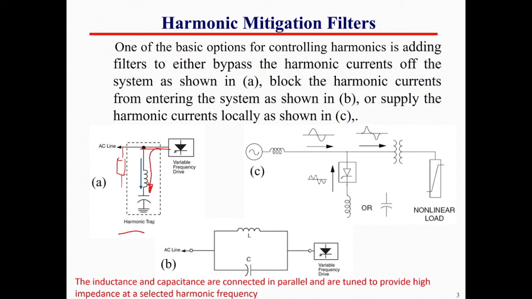The second one, the harmonic filter can block the harmonic current from entering the system. So over here we have the filter, which consists of parallel LC. We know that at a certain frequency the value of jXL will be the same as the value of minus jXC, right?